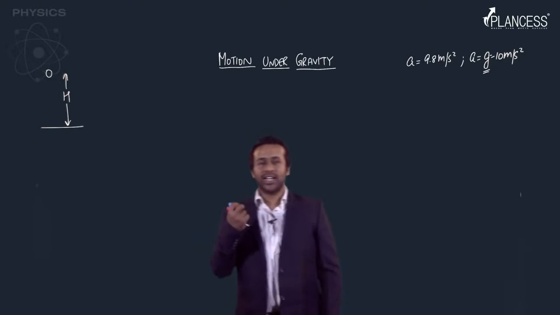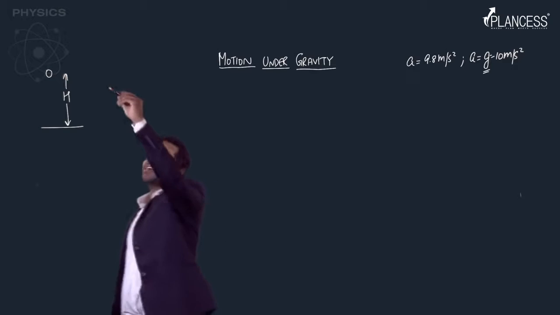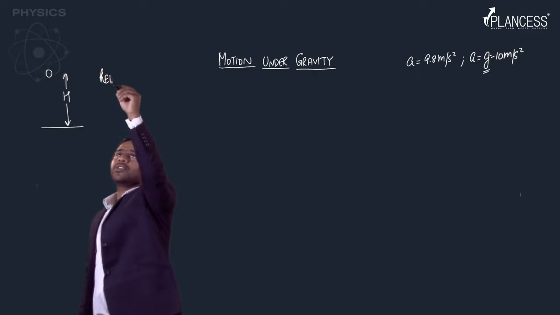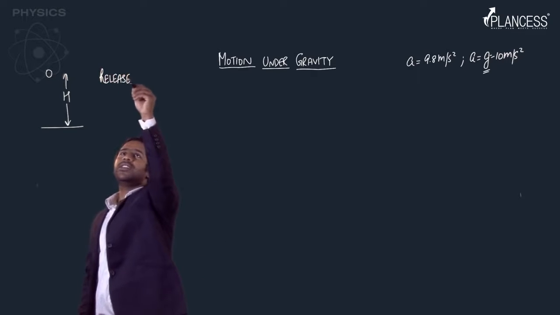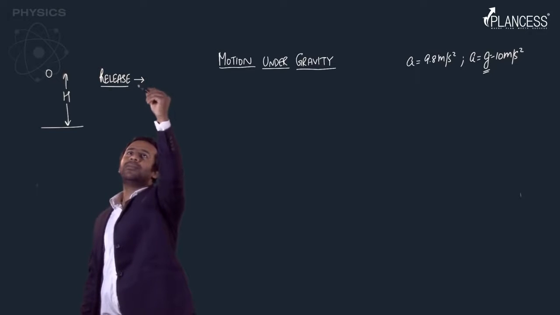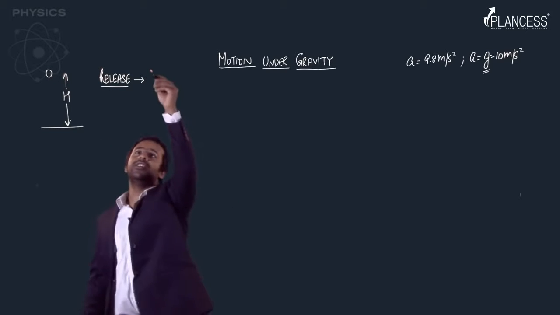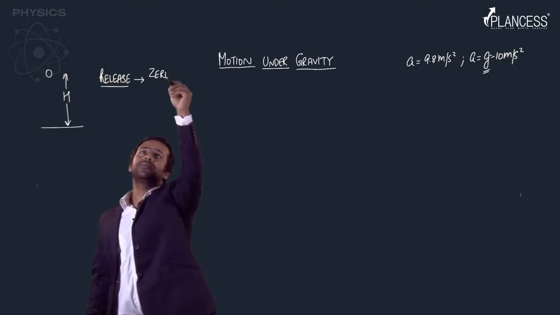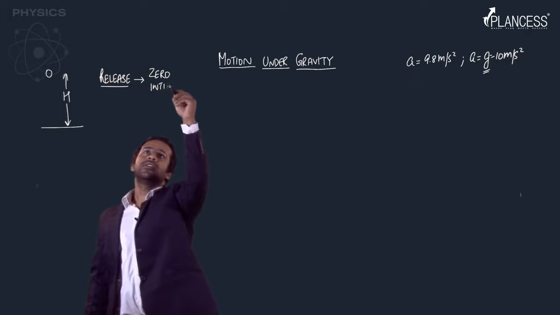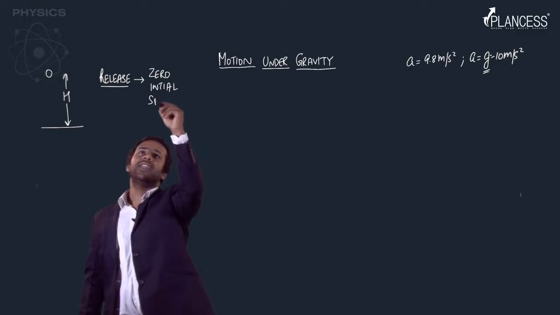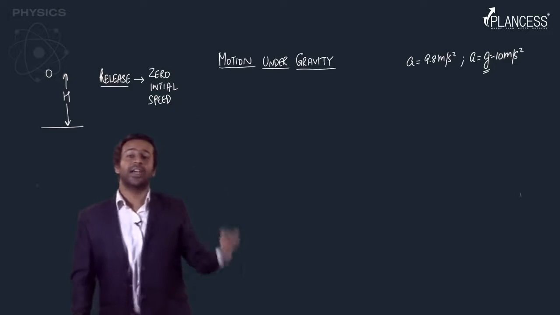Now, whenever you see the word release, you should understand that the object was given zero initial speed. So that is the difference between releasing something and throwing something.